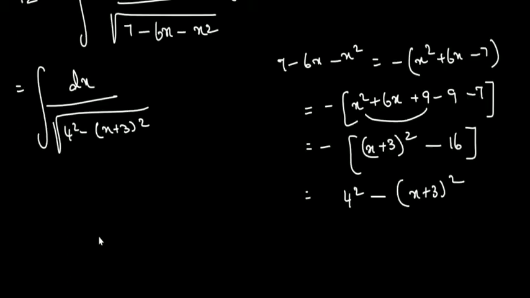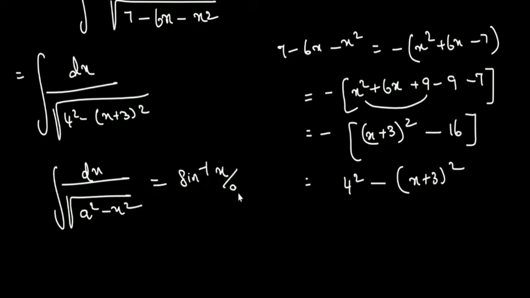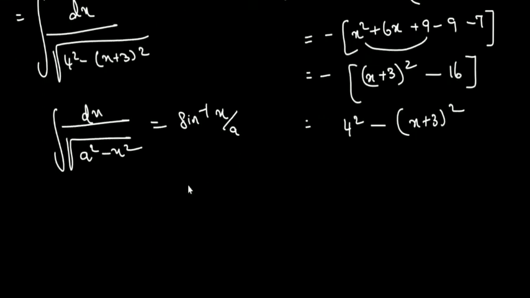So you know the formula, dx by root of a square minus x square, that is nothing but sine inverse x by a. So here this will become sine inverse x is x plus 3 by a is 4.